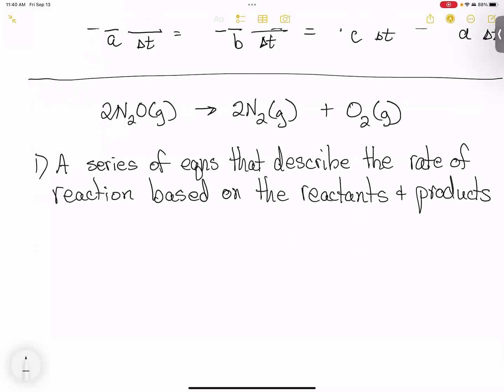So basically what we're going to do is a lot like what I just did with the generic reaction.